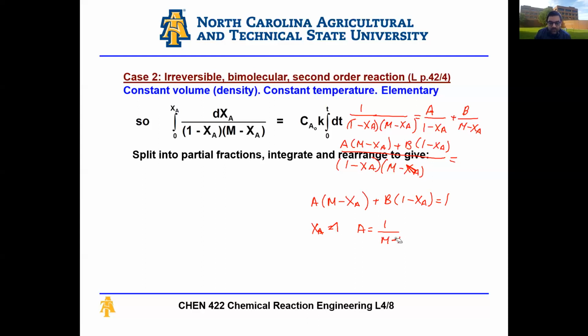My other extreme case is when XA is equal to M. I put M here, this cancels out, so I get B is equal to 1 over 1 minus M. So I split this into two fractions: 1 over M minus 1 times 1 over 1 minus XA, plus 1 over 1 minus M times 1 over M minus XA, and then I can integrate these two fractions separately.